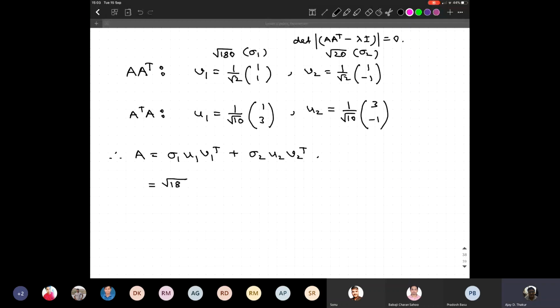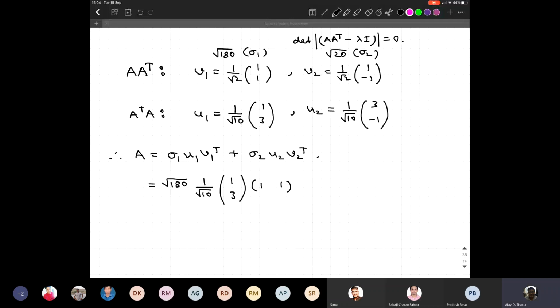U1 is going to be 1 over root 10 times (1, 3), and V1 transpose is (1, 1) with a 1 over root 2 also, because (1, 1) comes with a 1 over root 2.